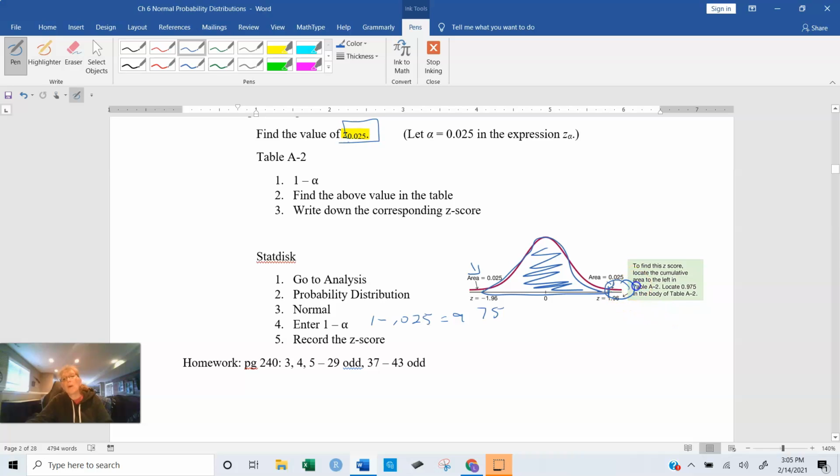So since I'm given the right, StatDisk is going to find the left, so we need to subtract this one. Then our z-score that we got. Now remember, you are in StatDisk, so you can go out a little farther. And it should be 1.95996. Much more accurate than the table. All right, good luck. I hope you do a good job, and make sure you post questions if you have any.